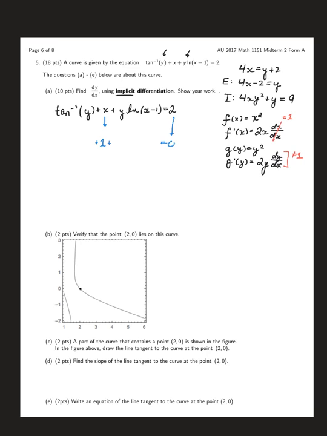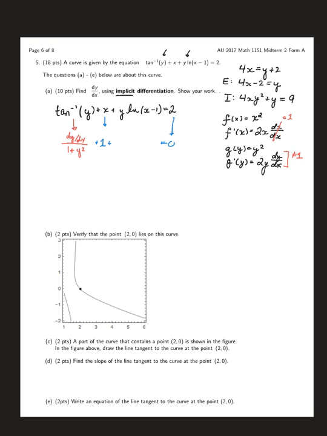Moving forward, we want to find the derivative of tangent inverse of y. The derivative of tangent inverse of y is going to be dy/dx over 1 plus y squared. Now let me show you where that came from.